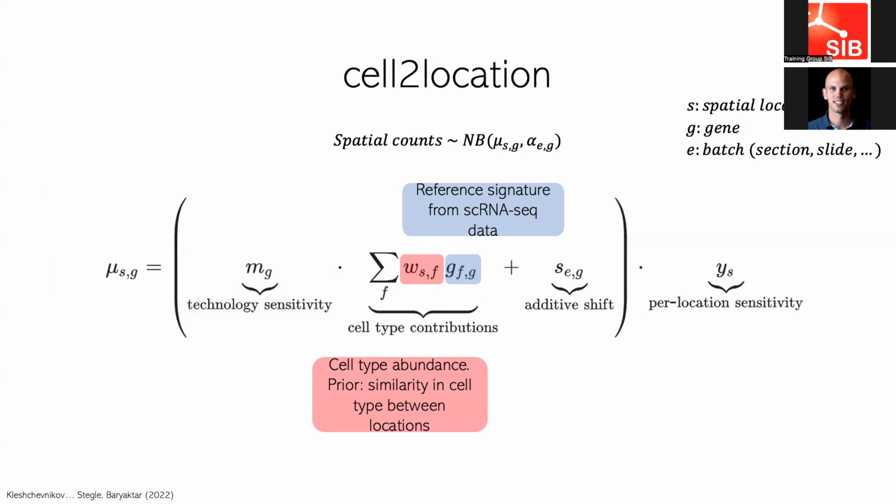The main contribution in cell2location is that they use a prior on this weight matrix to model autocorrelation. If I estimate this independently for every location, I might get 90% neurons in this spot, and in the spot nearby only 5% neurons. That's unlikely in spatial data.